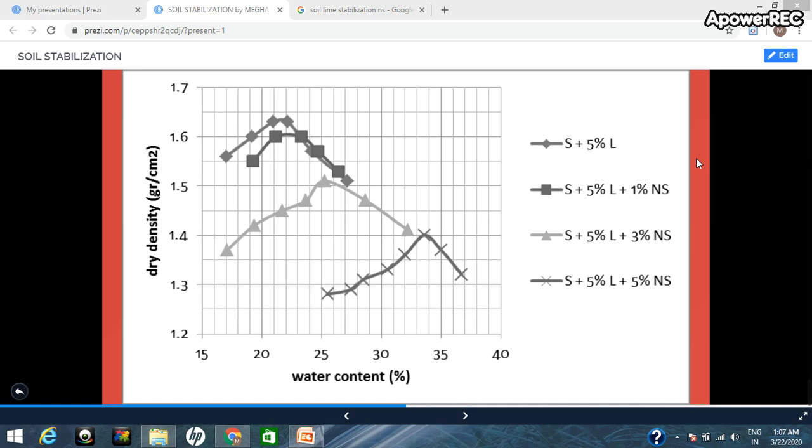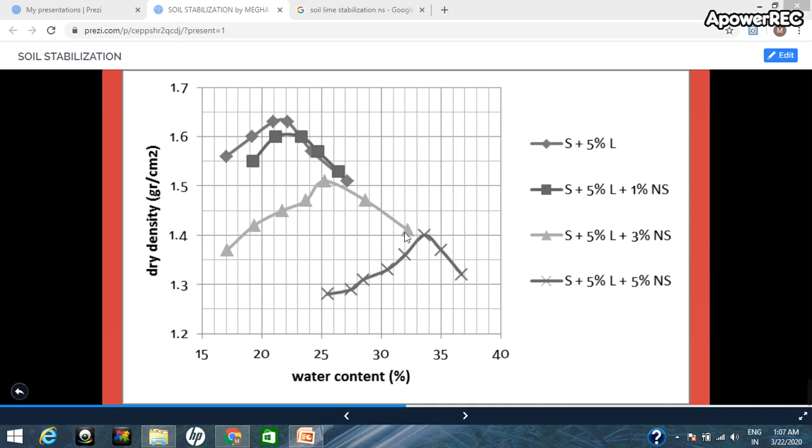As you can see, the highest compaction, the highest dry density, is for soil plus 5% lime. Next is 1% nanosilica, next one is 3% nanosilica and 5% nanosilica. Why are we adding the nanosilica?